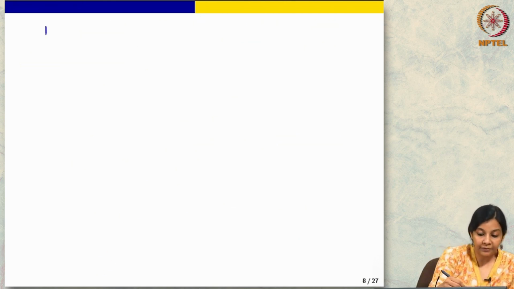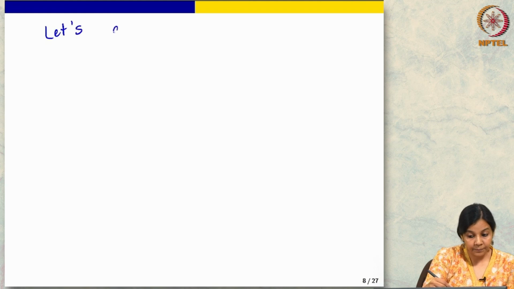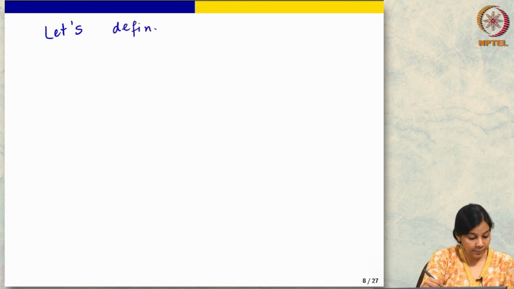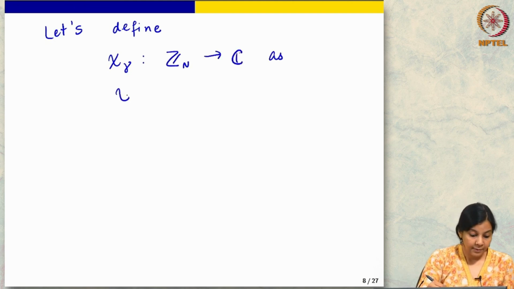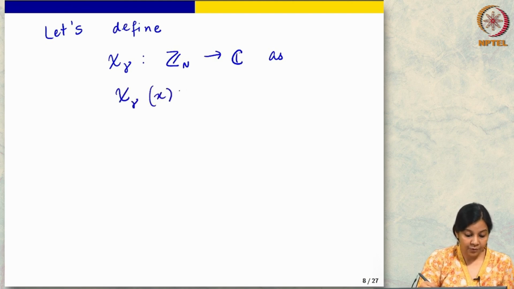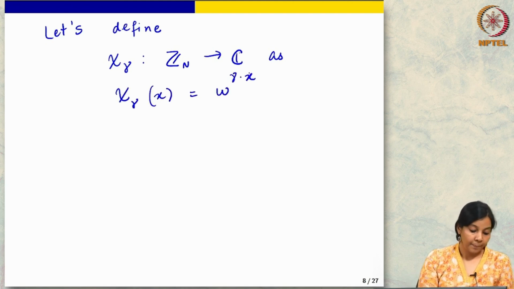So now let me define chi gamma from Zn to C as chi gamma of x is equal to omega to the gamma x. Okay.